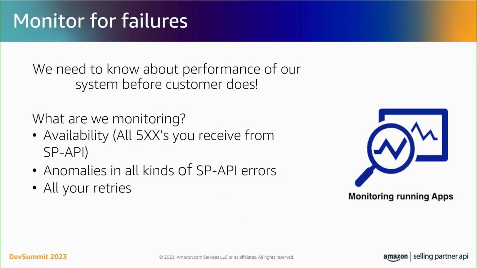Now let's look at why you should monitor. Many of you already monitor, so I'm assuming all of you know the why behind it. But quickly capturing the essence of it, it is customer obsession. We want to make sure we know how our apps are performing before the customer does. You're probably very familiar with the correction of error documents that we as Amazon engineers write whenever we run into this problem.